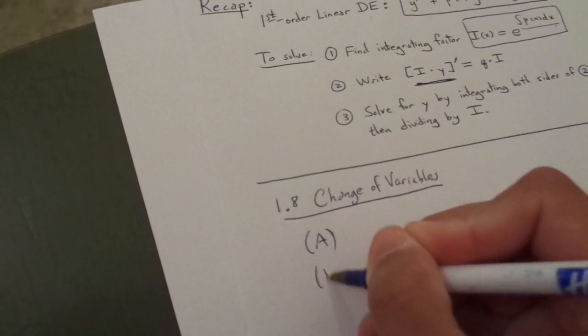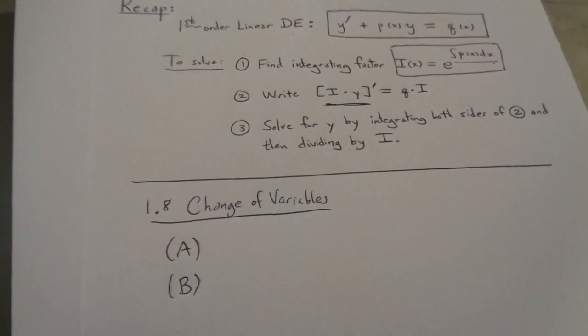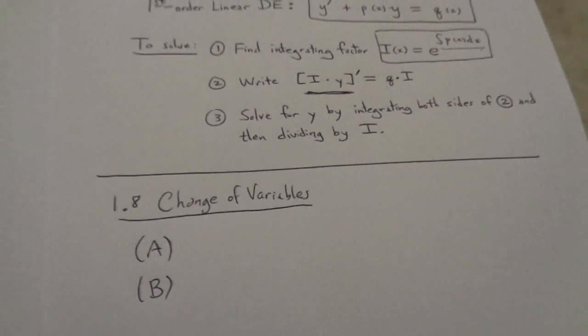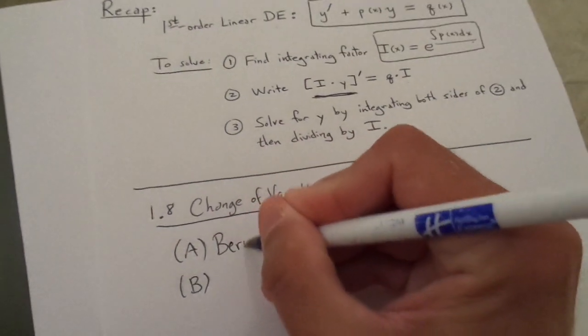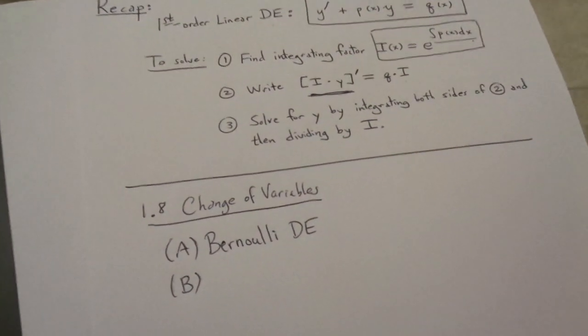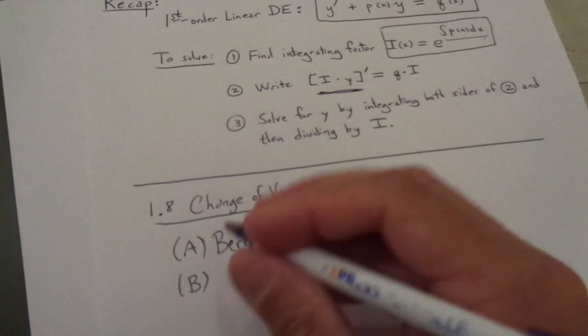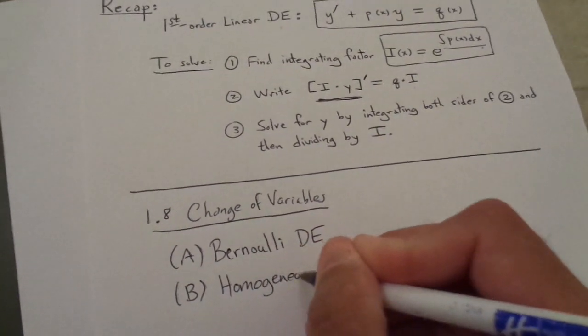There are, of course, many examples of where you could use a change of variables to solve a differential equation. I'm only going to show you two specific examples just to get the idea of it. The first one is I'm going to talk about Bernoulli differential equations, and then I'm going to talk about homogeneous differential equations.